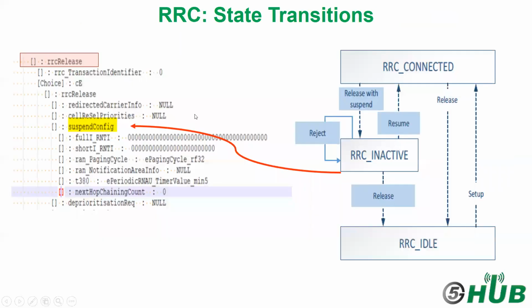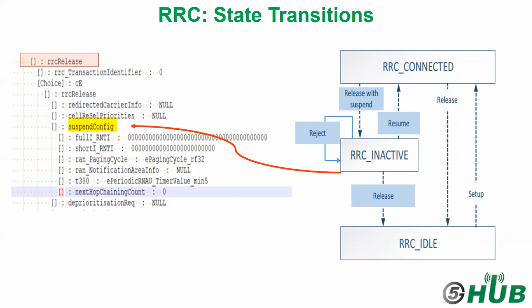Finally, we can see the RRC state transition. The user equipment will enter into RRC inactive when an RRC connection release is received with the suspend config parameter.